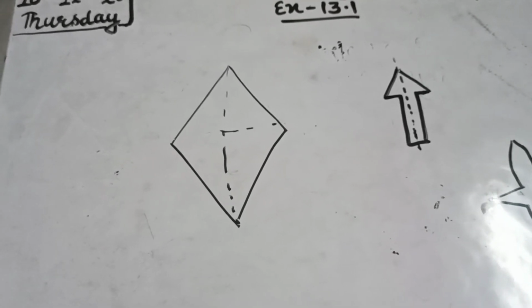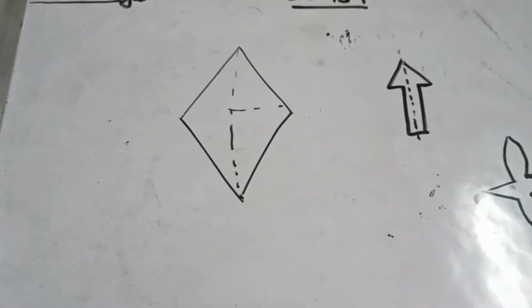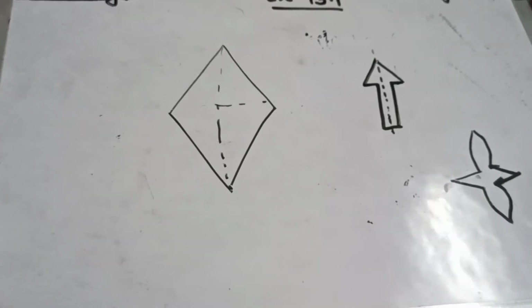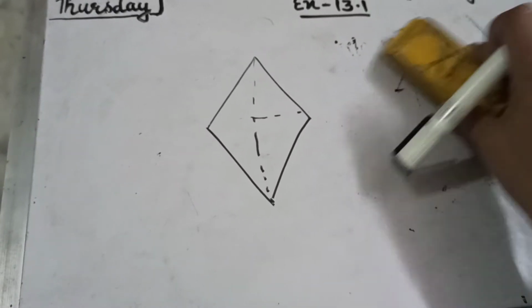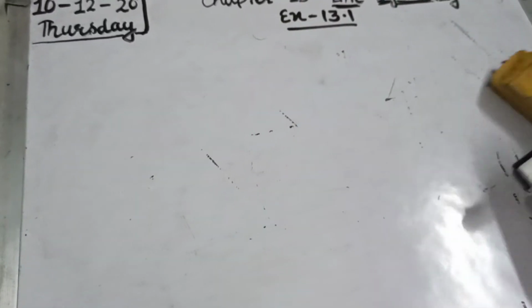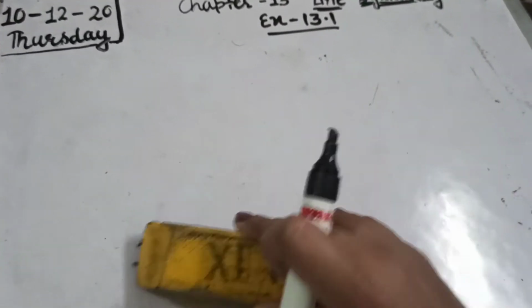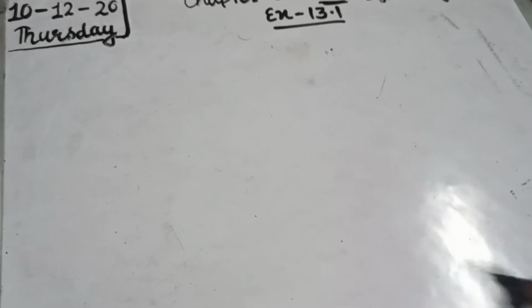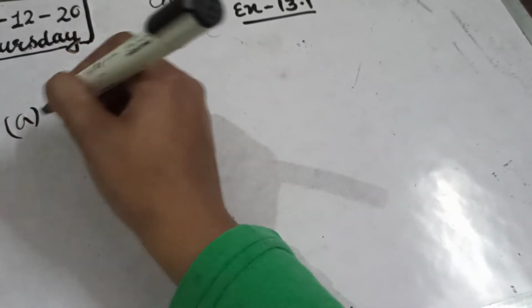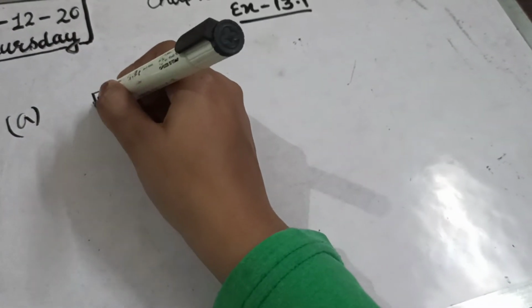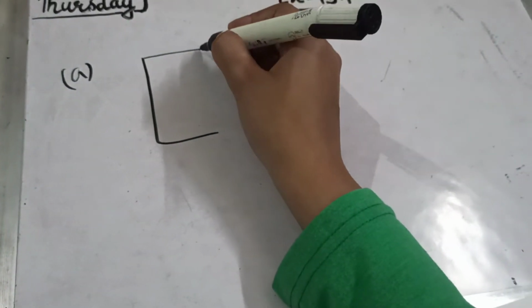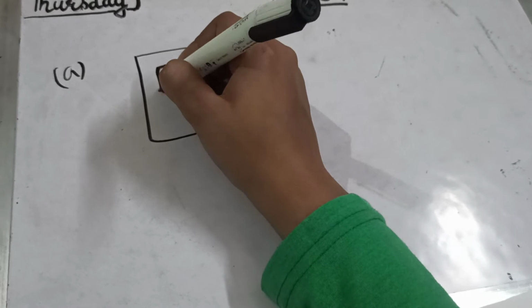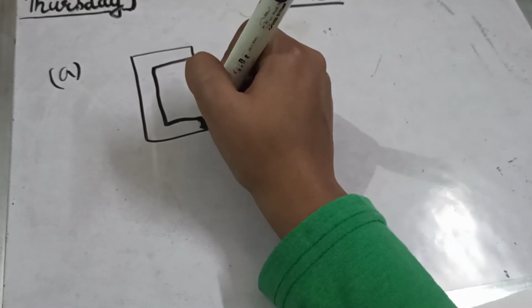Next is S4. Identify the figures that have a vertical line of symmetry. So here are some figures given that are like this. A1, like this, like this figure, then here, and then like this.